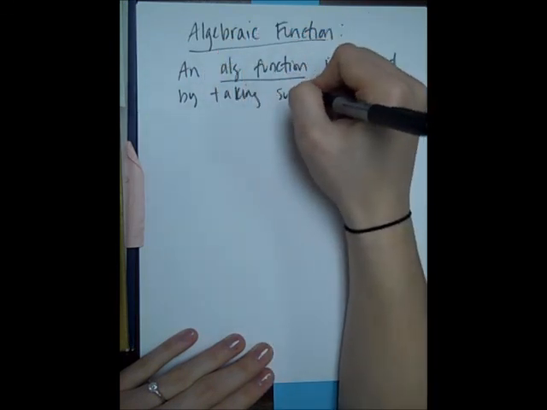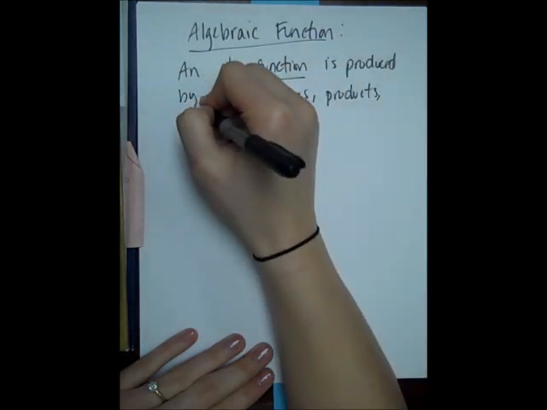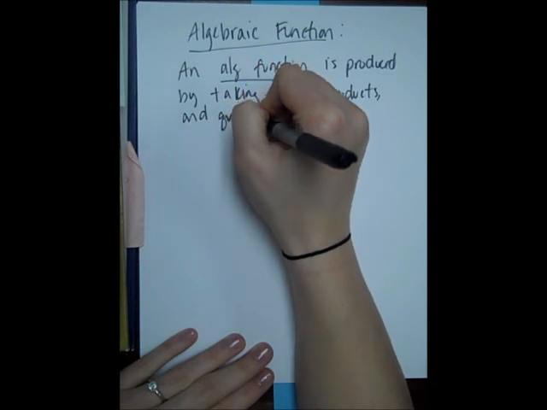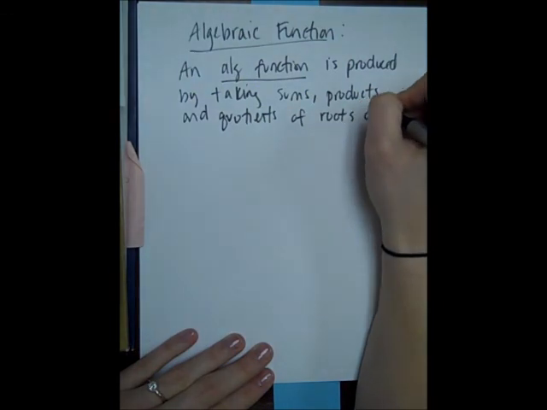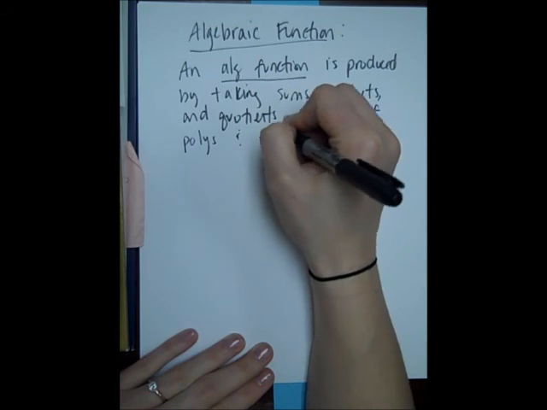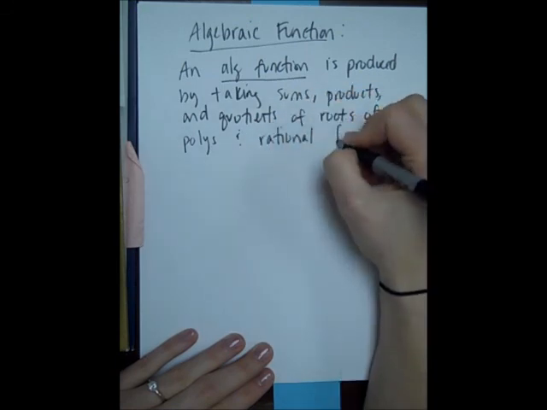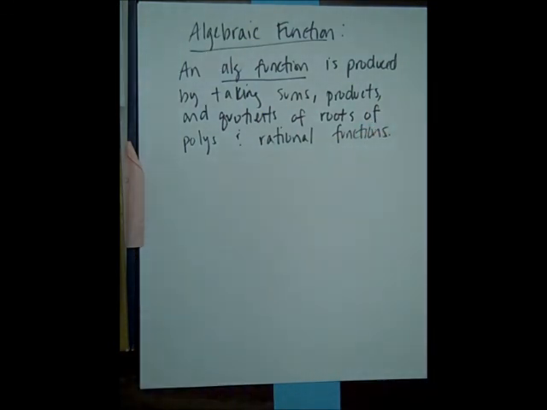You could take sums, you could take products, differences, and quotients of roots of polynomials and rational functions. I know this is a pretty technical definition, but really what we're doing is introducing the idea of a root. So maybe a fifth root or a third root, or really any sort of fraction of an exponent.